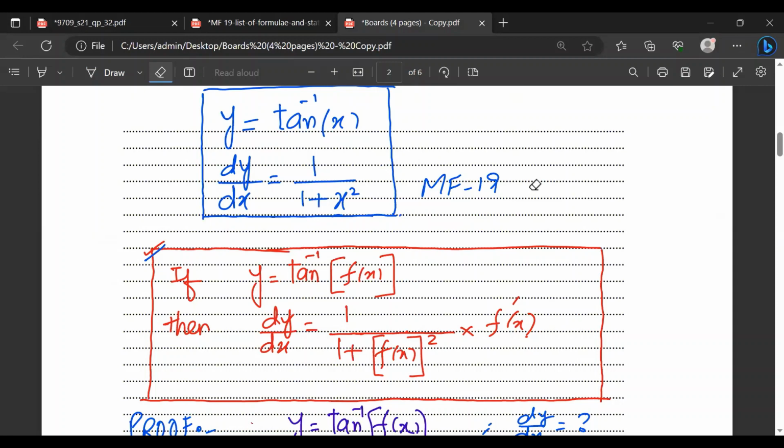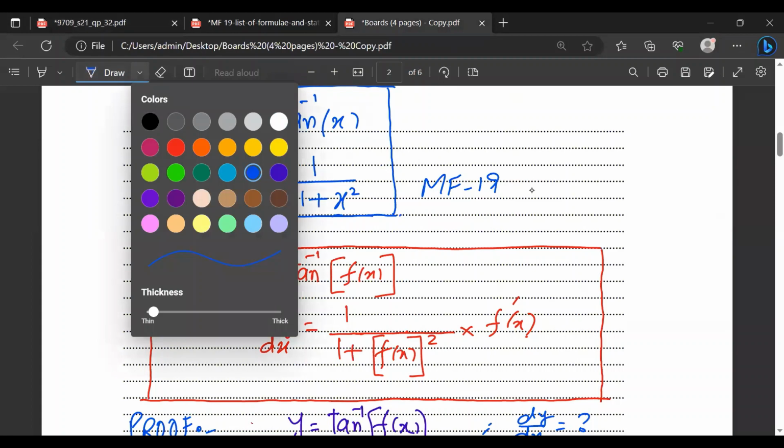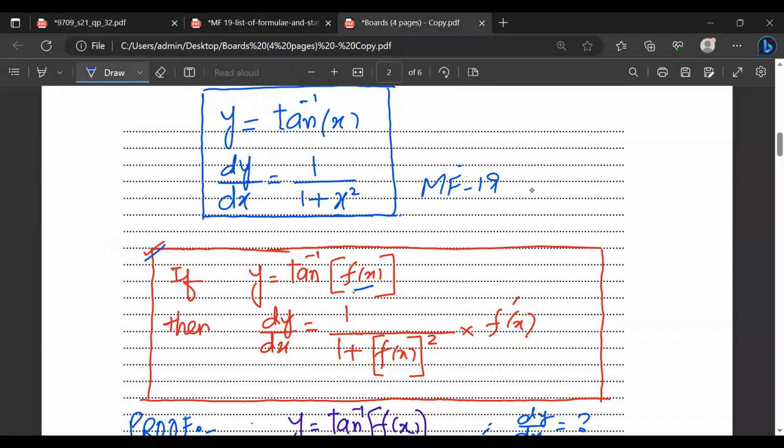So if it is not x but f(x), any other function after tan inverse, for this case you can change the formula as follows, the same order: 1 over 1 plus f(x) whole square into the derivative of this f(x), which is f dash of x. This is the formula. You must keep in mind this formula.